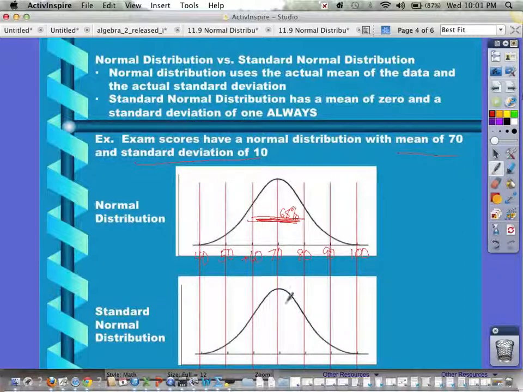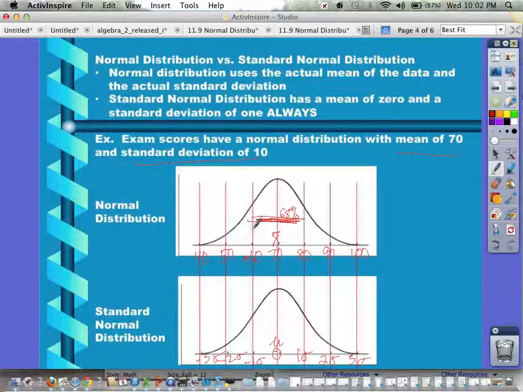Now with a standard normal, remember it always has a mean of 0, so that's going to be a 0 right there, and I'm going to put mu or x bar, doesn't matter, same thing. All right, and this would be a standard deviation of 1, 2 standard deviations, and 3 standard deviations. This would be -1 standard deviation, -2 standard deviations, and -3 standard deviations. Okay, it lines up.